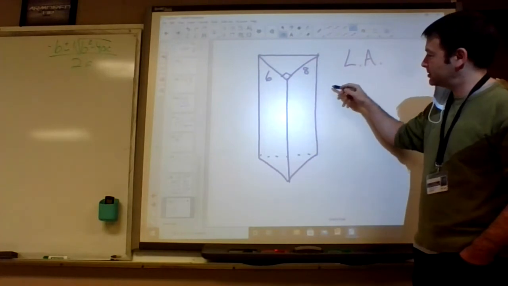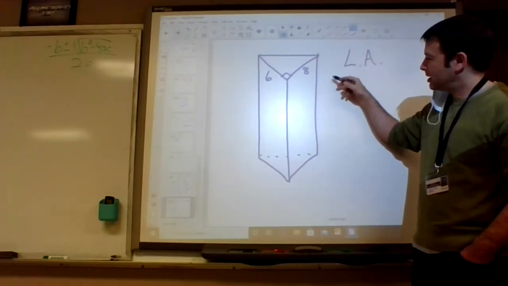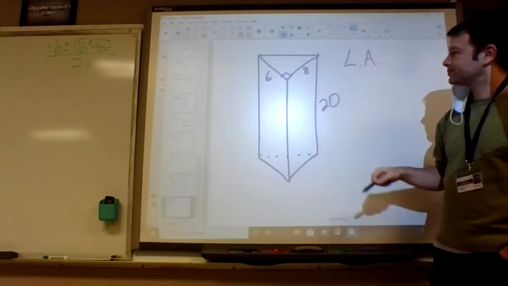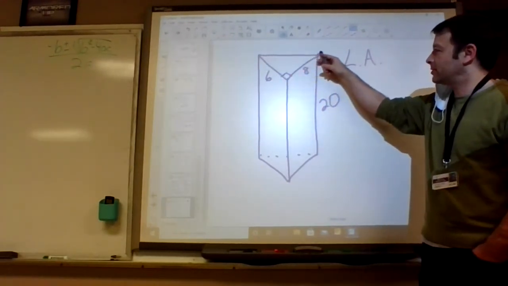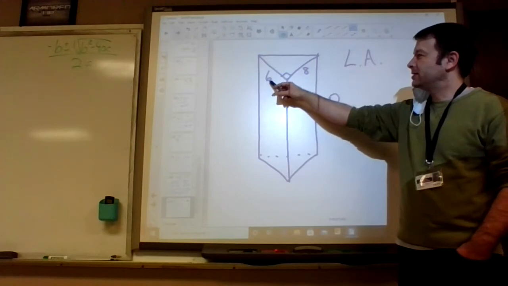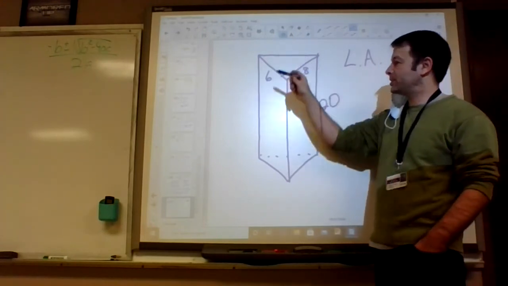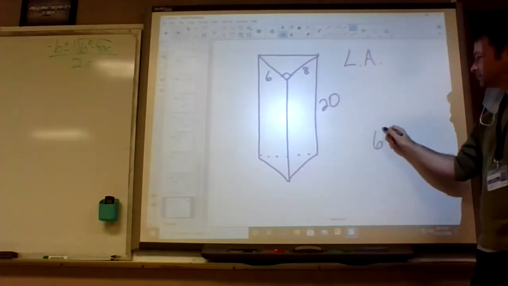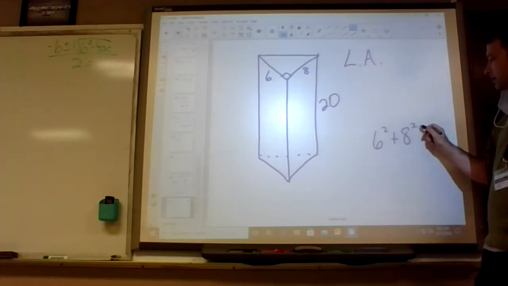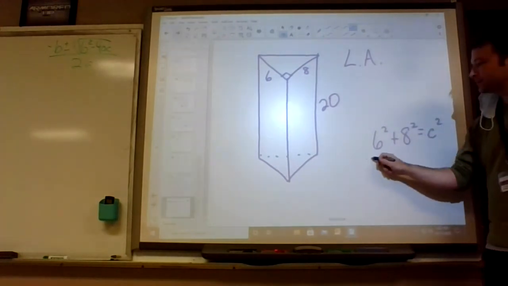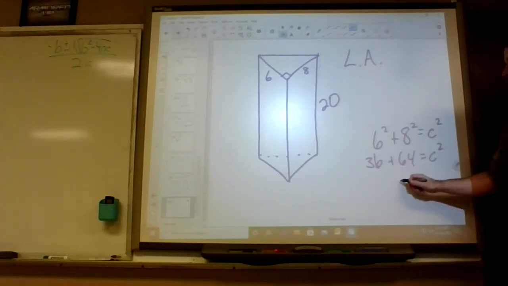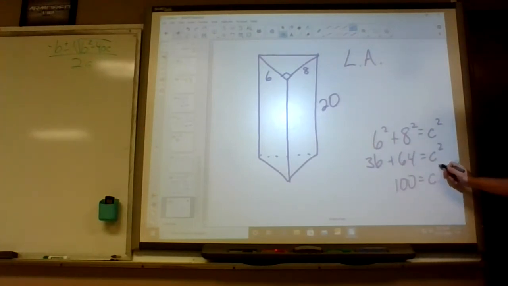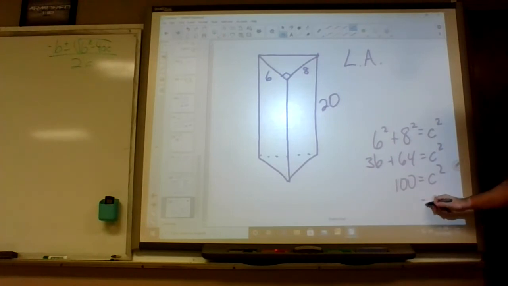I need the height on this, let's go with 20, nice and neat. How can I find this side for the perimeter though? It's a right triangle. 6 squared plus 8 squared equals what squared? So what's C? 10.